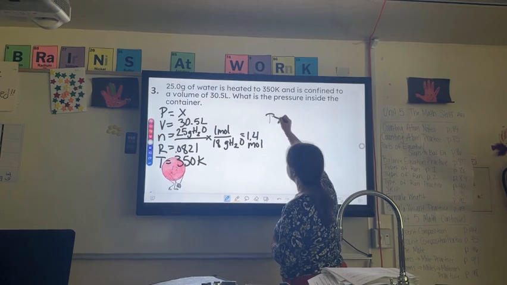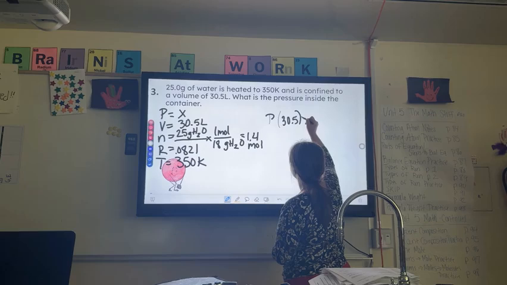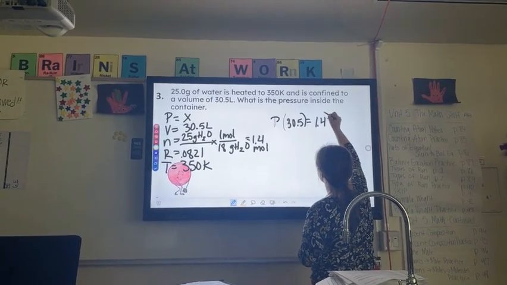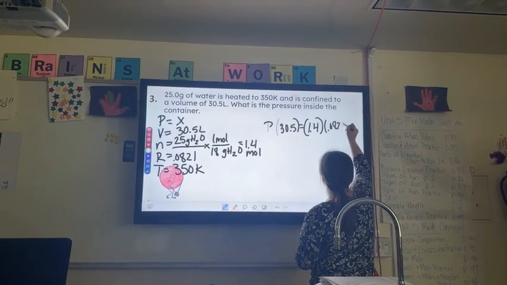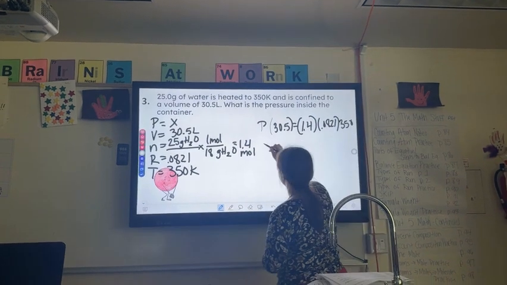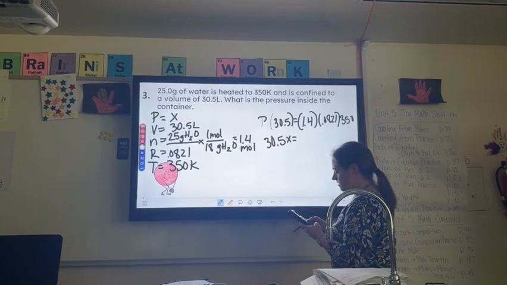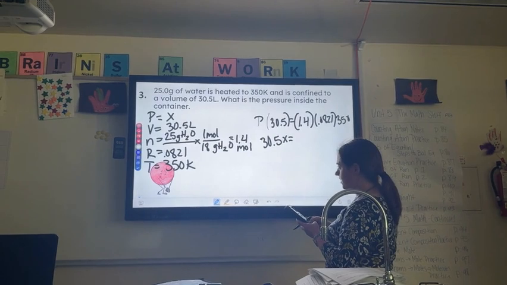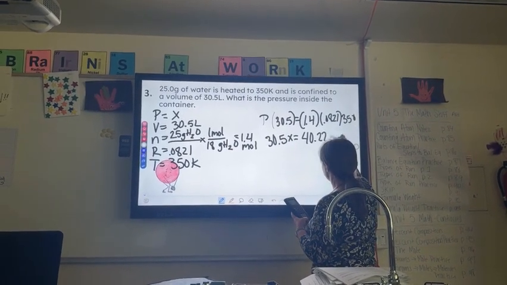So we have P, our volume is 30.5, our N is 1.4, our R is 0.0821, and our T is 350. So 30.5 times P, or X, equals 1.4 times 0.0821 times 350, which is 40.229.